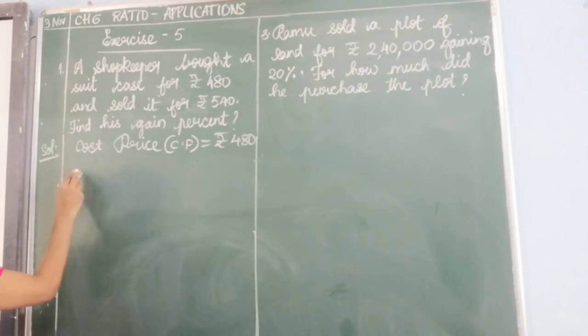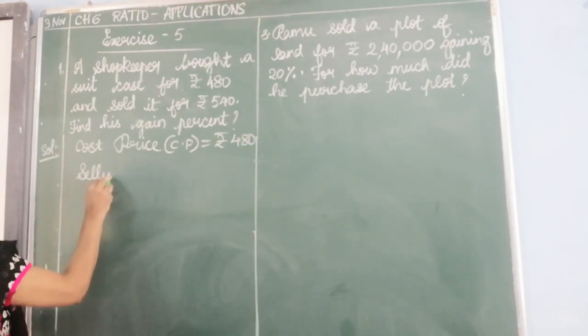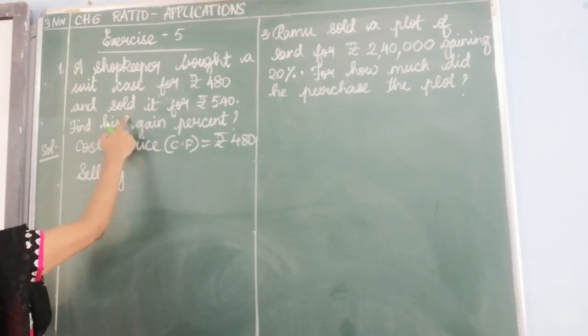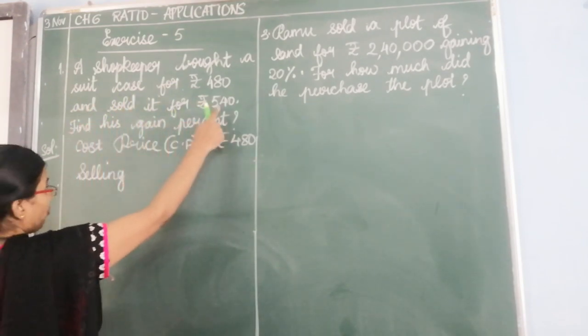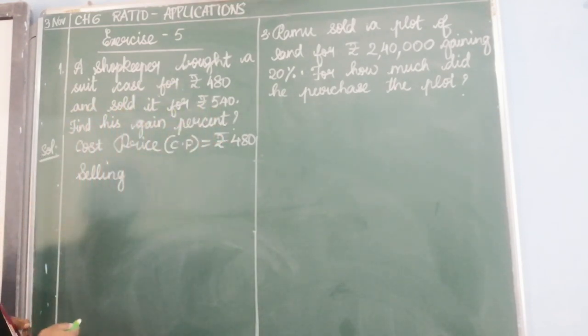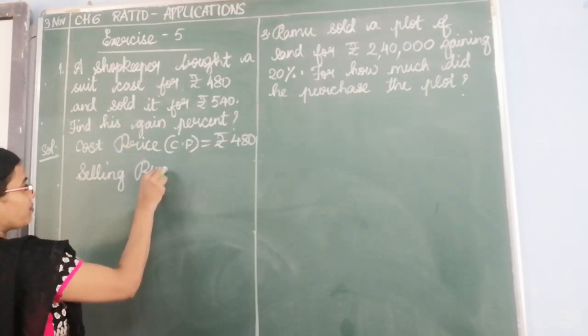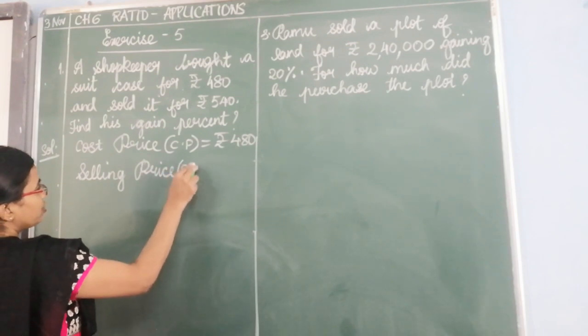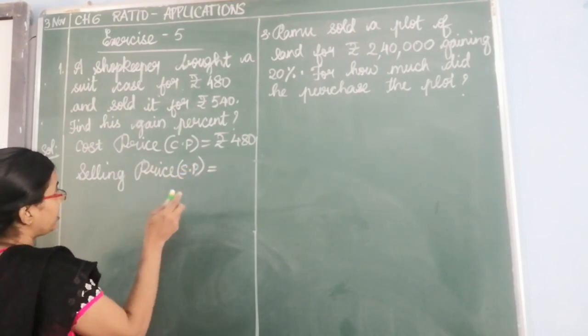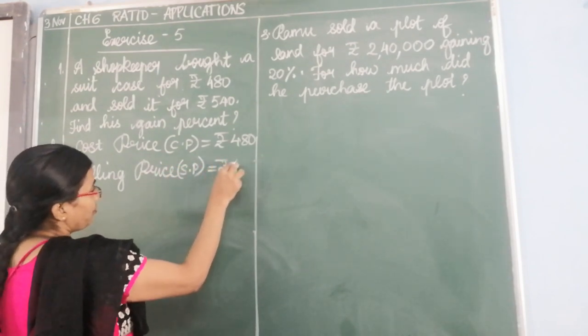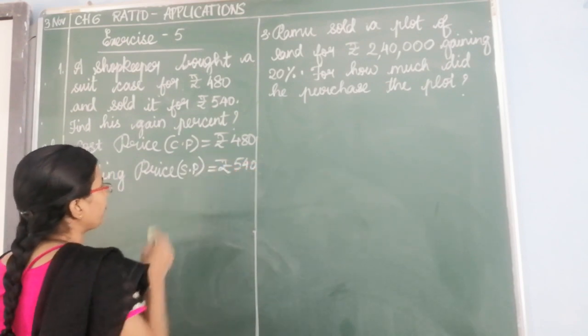Then we have to read the question: sold it for rupees 540. Sold means selling price. Selling price and cost price are different. So selling price is equal to rupees 540.